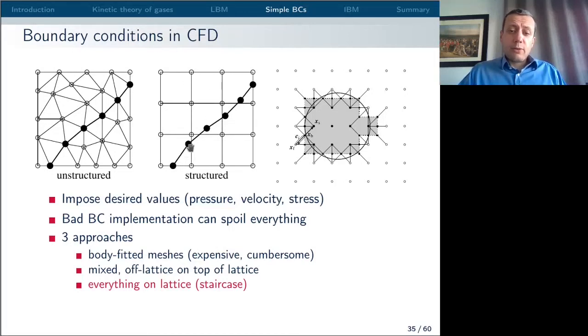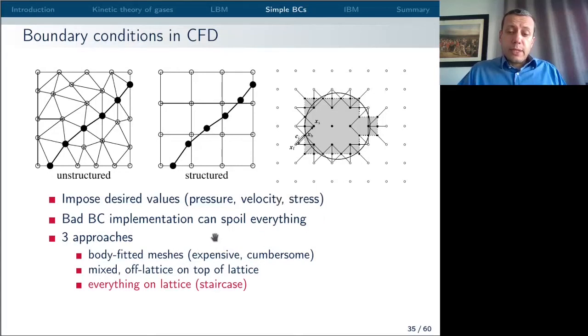And in that case, of course, you have different challenges because you have to communicate between this curved boundary and your regular lattice. Or you can approximate your boundary by having a staircase-like approximation. And those of you who have already used Lattice Boltzmann may be used to the staircase bounceback approach that is visualized here. Typically, in Navier-Stokes, you impose pressure, velocity, or stress, or gradients of those at the boundary.